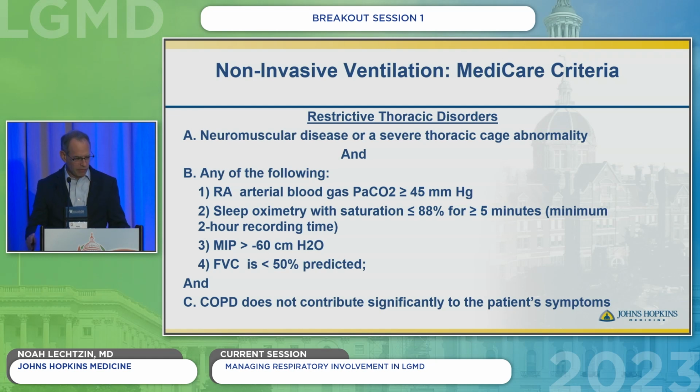If you live in the U.S., it often depends on what's going to be covered by insurance, and most insurers follow Medicare criteria for bi-level non-invasive ventilation. It's essentially a diagnosis of a restrictive thoracic disorder like limb-girdle muscular dystrophy, and then any of the following four things: either an elevated CO2 or low oxygen levels at night, or a low vital capacity, or a low maximal inspiratory pressure.